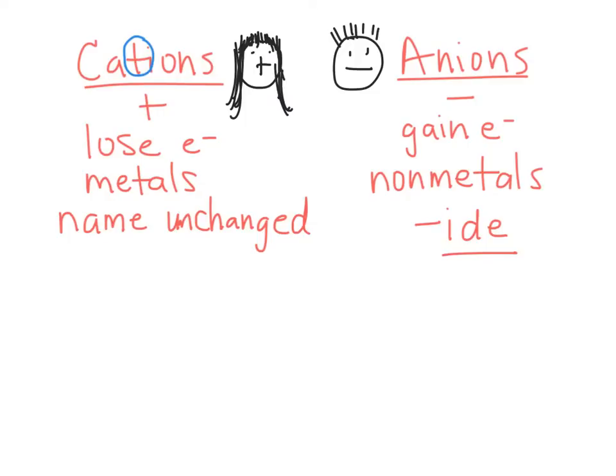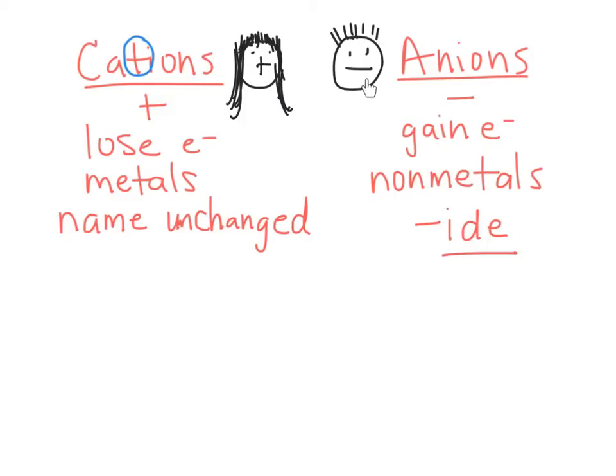Okay, now let's think of your electrons like weight. So girls like to lose electrons or like lose weight to feel more positive about themselves. Okay, so losing weight, losing electrons to feel more positive about themselves. Now boys are like anions, gaining weight or gaining electrons.